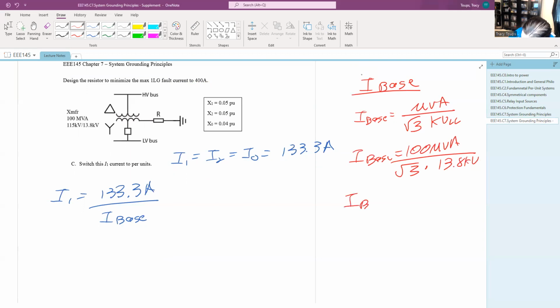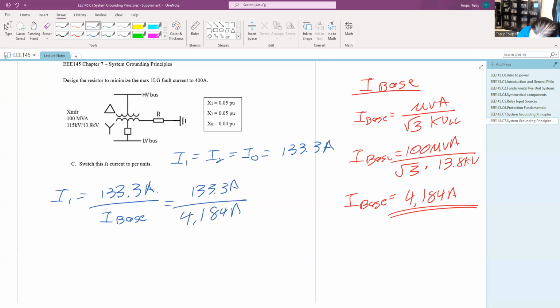That is going to be 4,184 amps. So coming back over here, I'm going to take 133.3 amps divided by 4,184 amps. I1 is going to be 133.3 divided by 4,184. It's going to be a very small number, 0.0318 per unit.